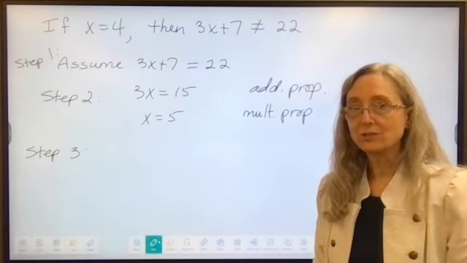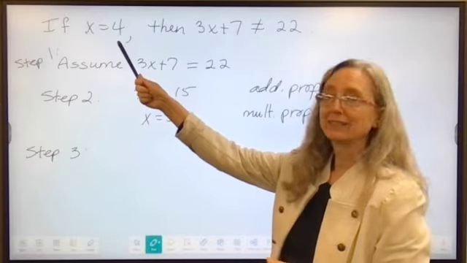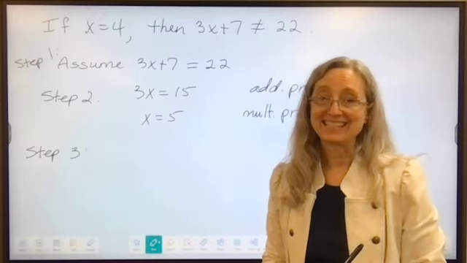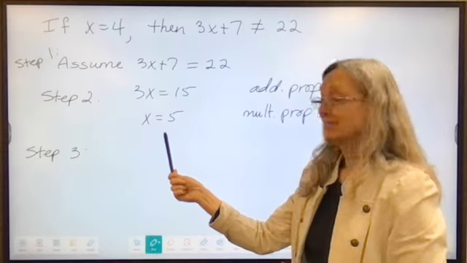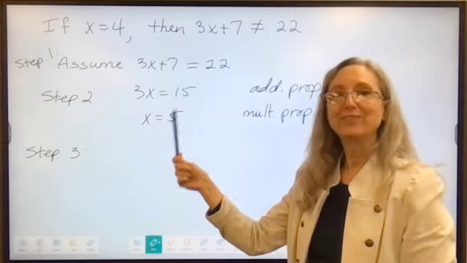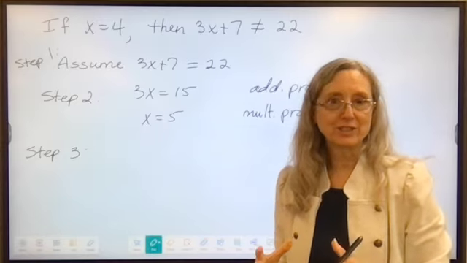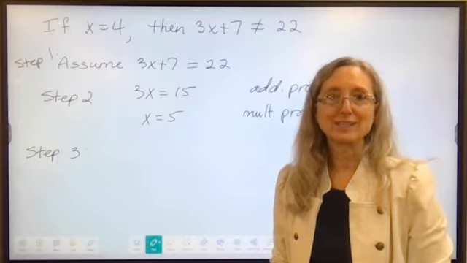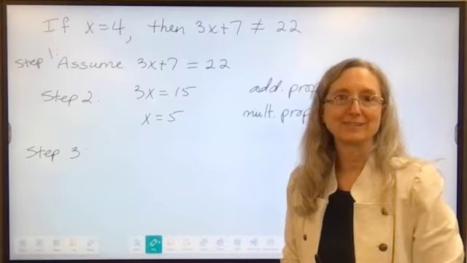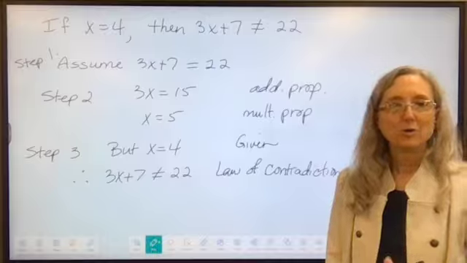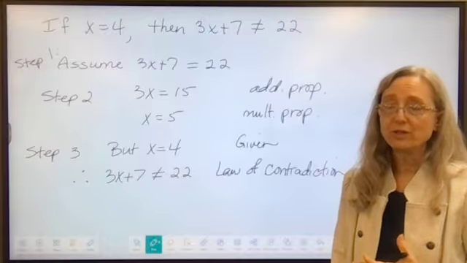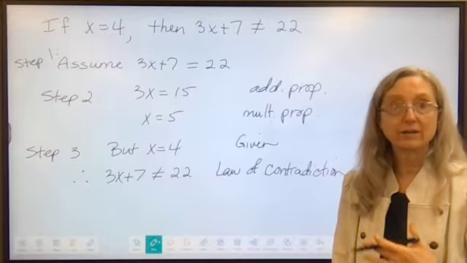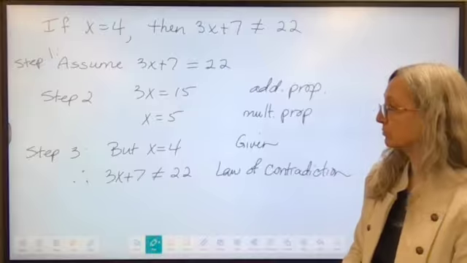Why is that a contradiction? Because what was our given? Our given is x equals 4. It does not equal 5. So this is the contradiction that I said you would run into. So let me show you how you could write that. Step 3 is to show the contradiction and therefore indirectly prove what I was trying to prove.